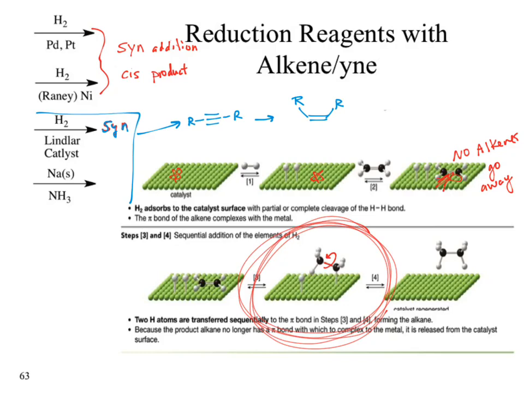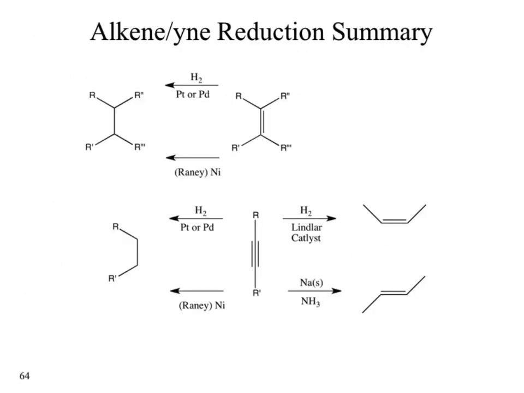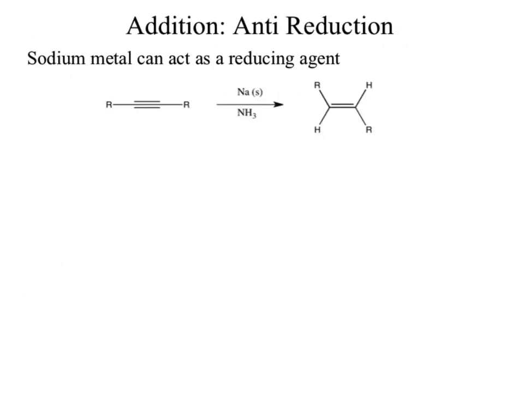The next fun one, the last one, is sodium and ammonia. All of this is talking about the alkynes. What happens with sodium and ammonia? One thing I do want to address here is that sodium and ammonia is not sodium amide.